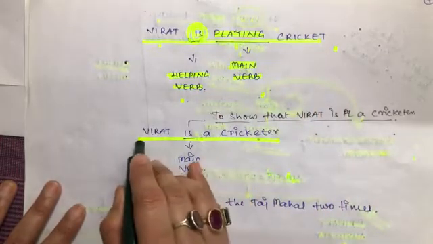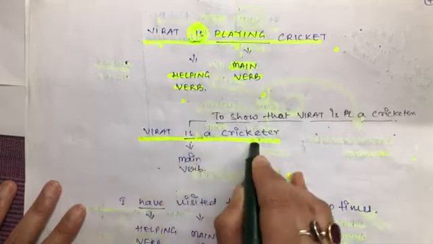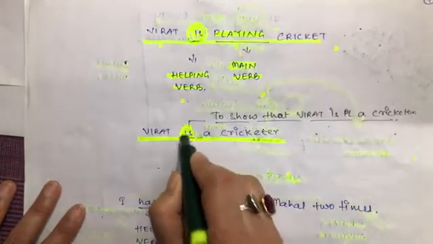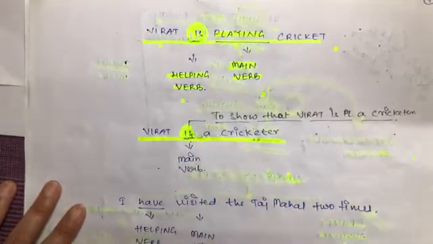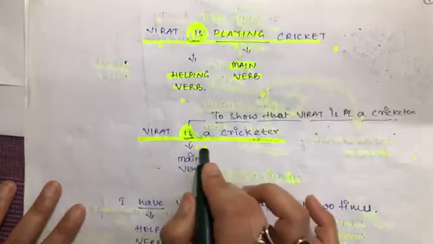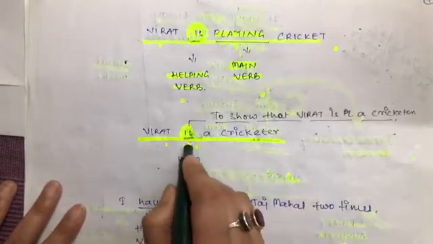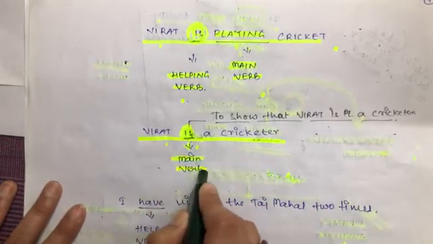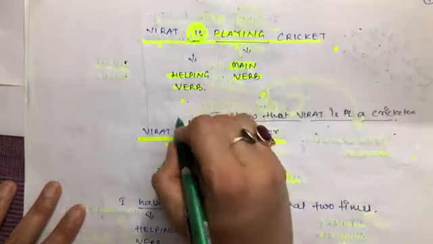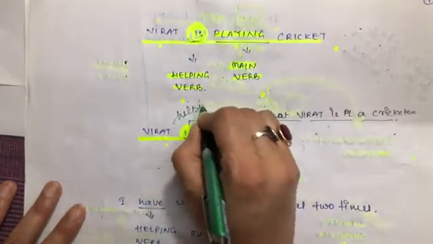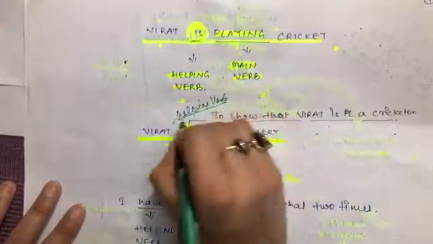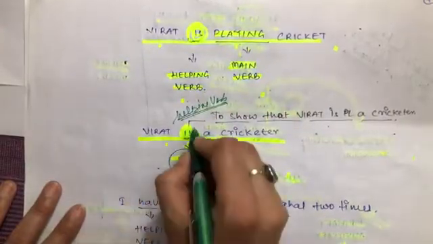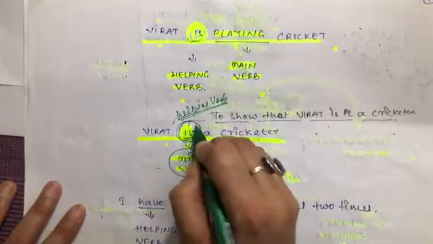But when I take another example, Virat is a cricketer, here we have only one verb, that is. This will not act as a helping verb. It will act as a main verb. This helping verb becomes a main verb because here is is the only verb present.